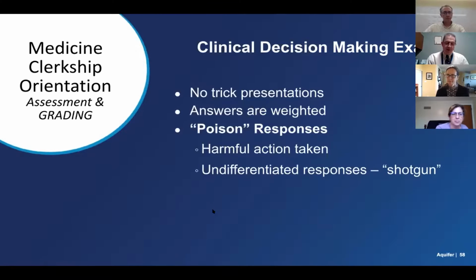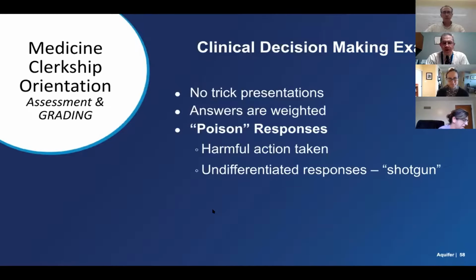And in some forms of the question, it says choose only 5. If they choose 6, they may also get a 0. So they really have to think carefully about what they want to order for the patient when they're looking at these answers.